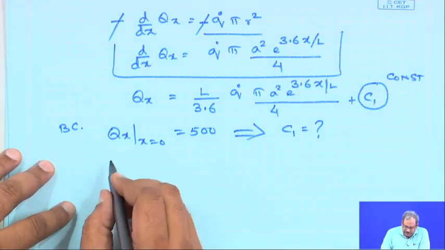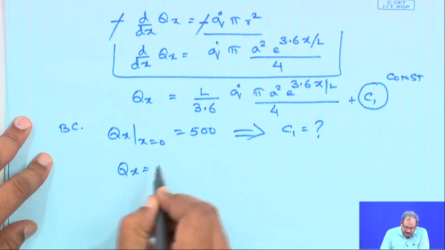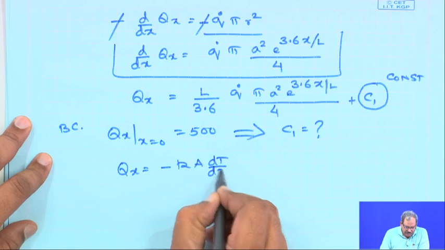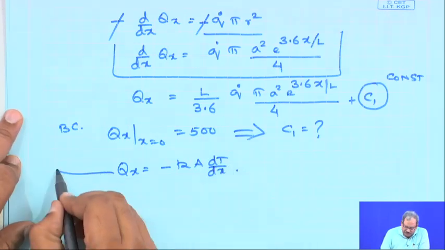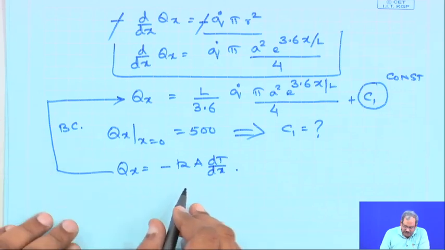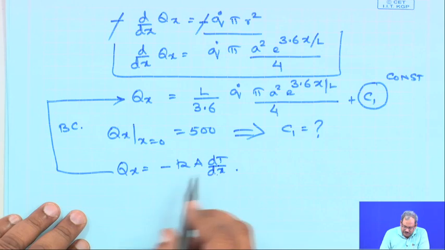And secondly, this is the total rate of heat, so Qx is equal to minus K a dT/dx from Fourier's law. If you substitute that in here, you should get another expression in terms of temperature.